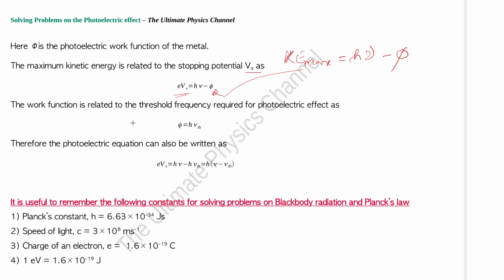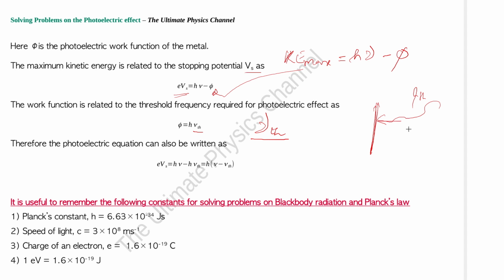The work function is related to the threshold frequency required for the photoelectric effect. This relation is work function phi is equal to h times nu th. Nu th is the threshold frequency, that is the minimum frequency that is required for the incident light when it hits a metal surface.